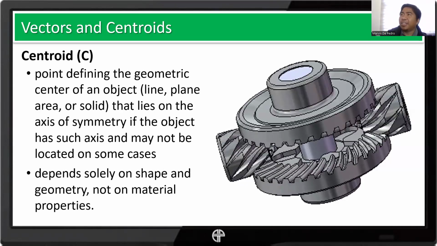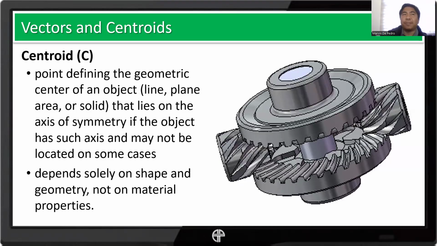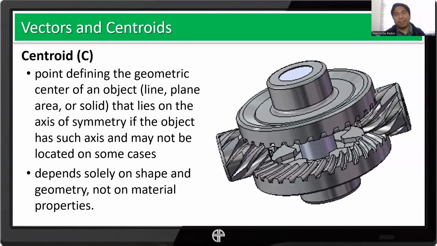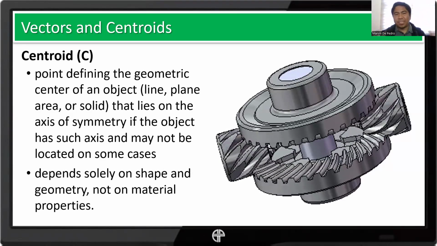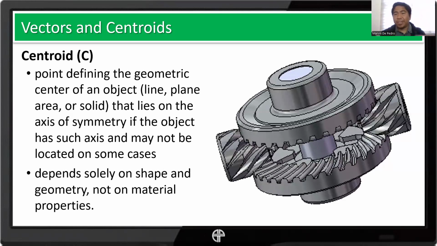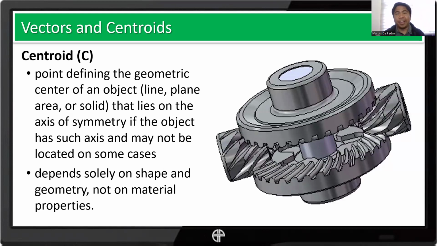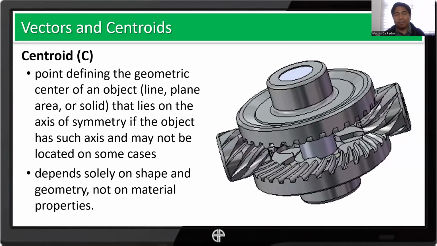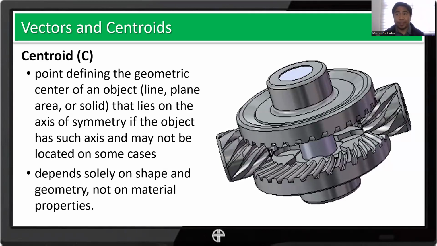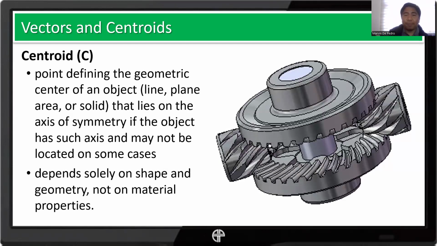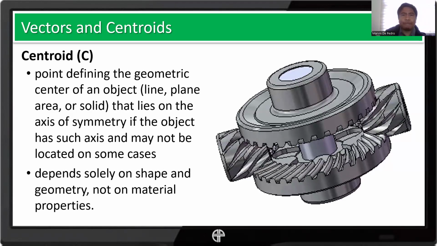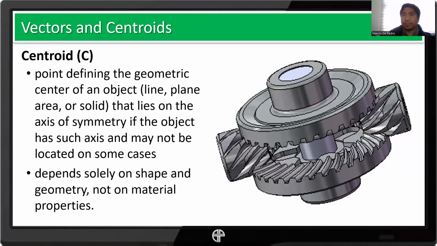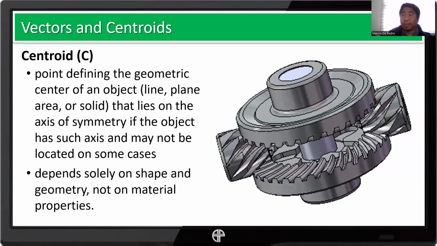I guess that's something you have to bear in mind. Components in a system must interact with one another in harmony. Otherwise, chaos could occur, and of course, that's something that we don't want, right? Because of centroids, that could be possible.